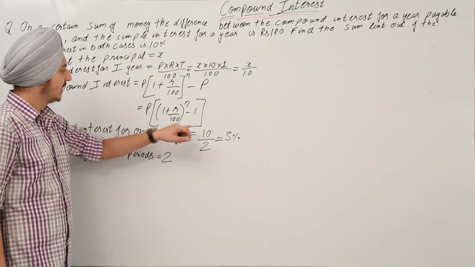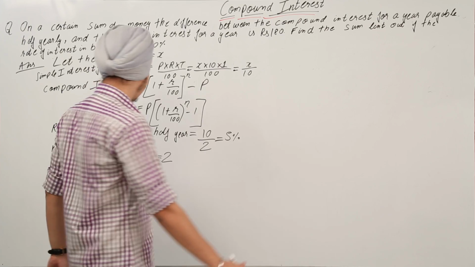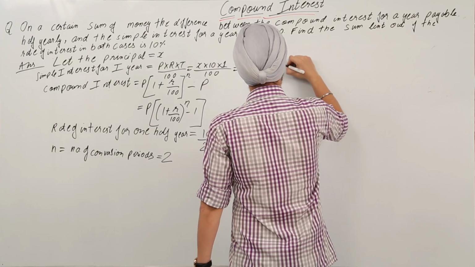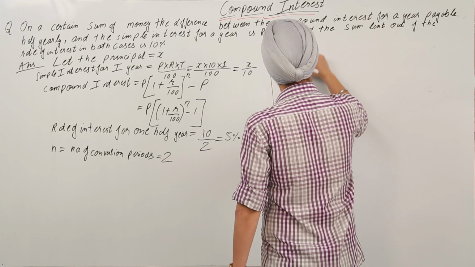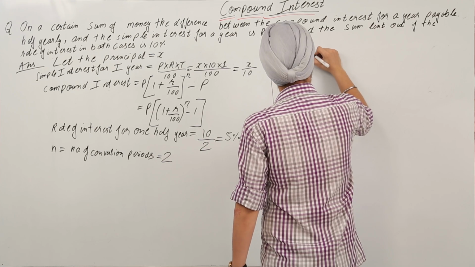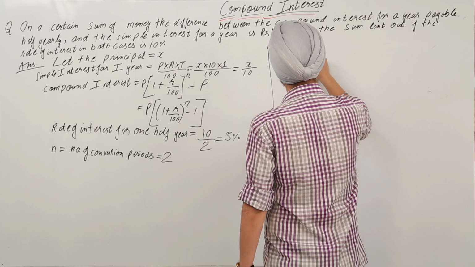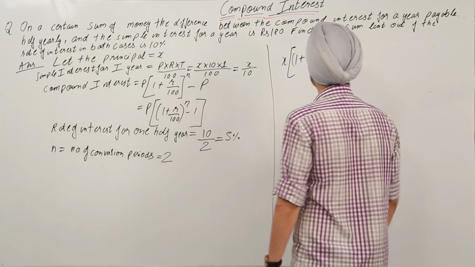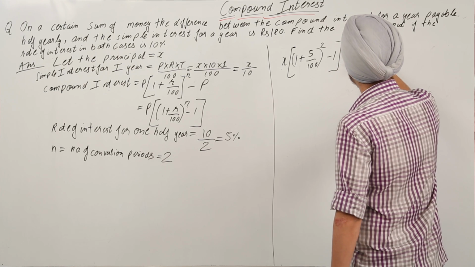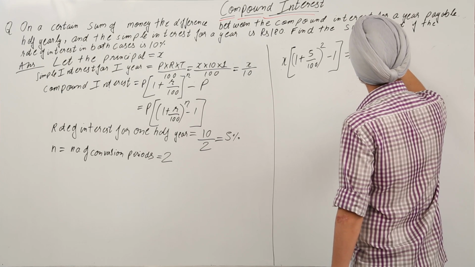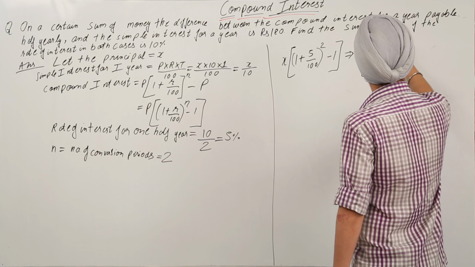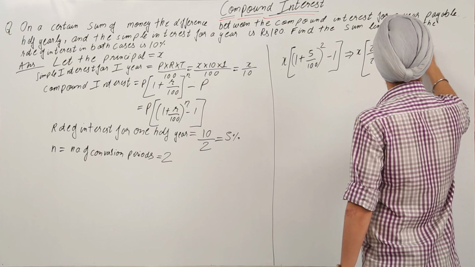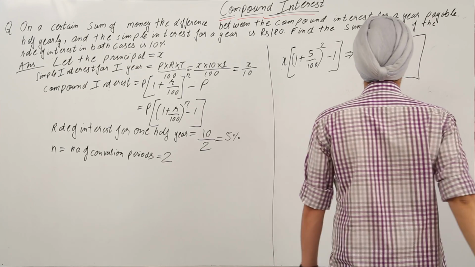So we substitute all these in this equation. What do we get? We have x into (1 plus 5 upon 100 raised to power 2, minus 1). Now this further gives us x into (21 by 20 into 21 by 20 minus 1).